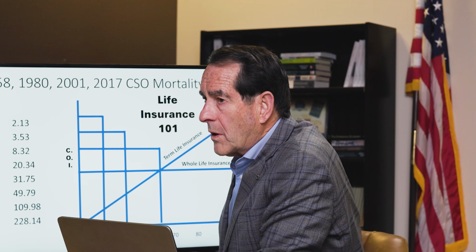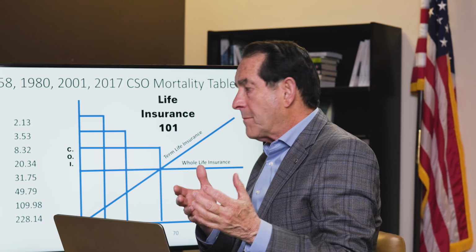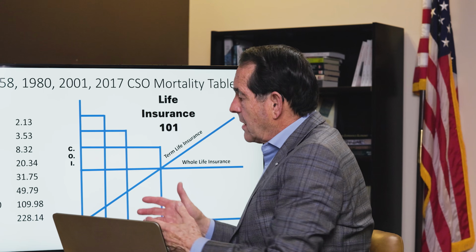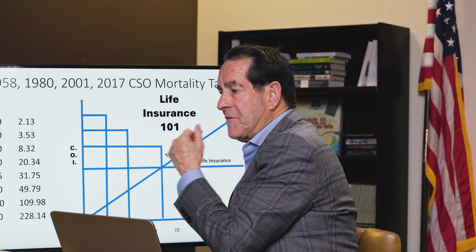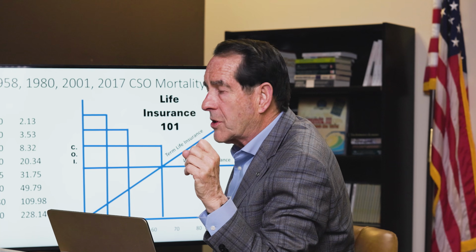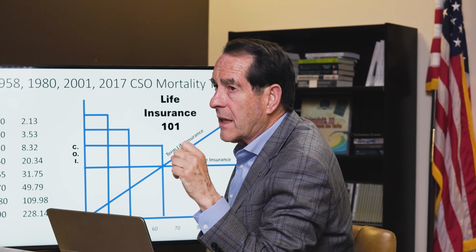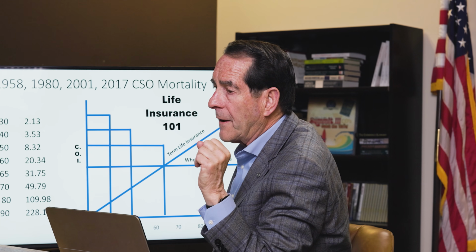And E.F. Hutton said, well, golly, what are we thinking here? Instead of having our clients buy term insurance and investing the difference in the volatile stock market to try to outdo whole life, maybe we take the least amount of insurance that the IRS will let us get away with and put in the most premium they will allow, okay?